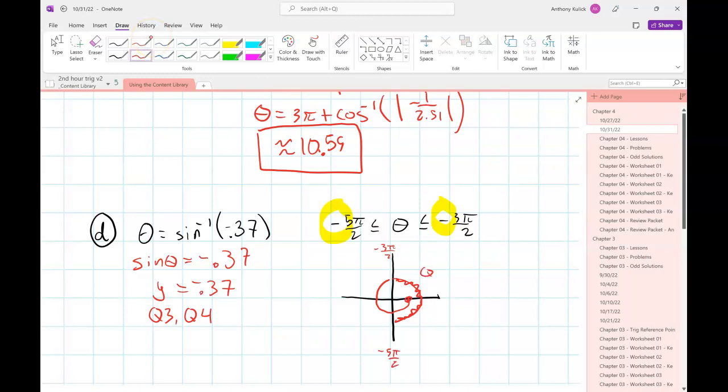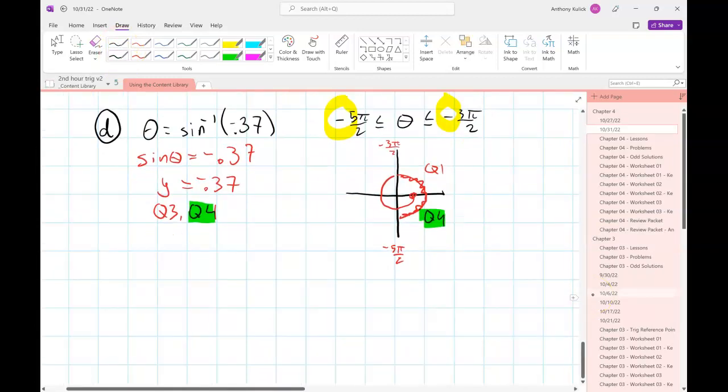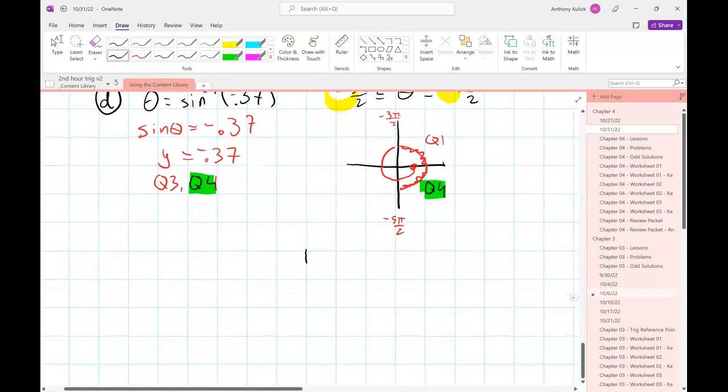So this covered quadrants 1 and 4. My answer then lies in quadrant 4. Okay. So I had to remember to go clockwise when I figured that part out.